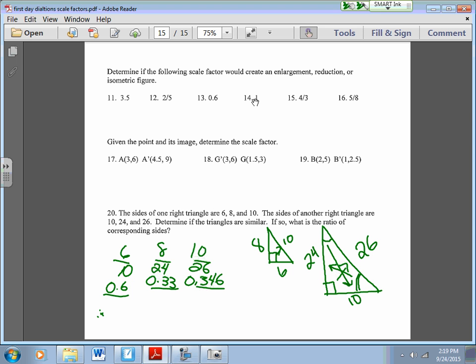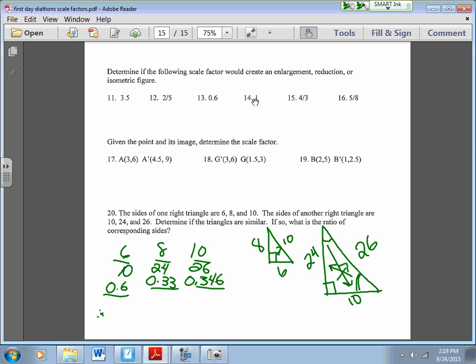One angle and all the sides does not just mean that they're all proportional. You have to actually check that all the sides are the same proportions. Do you understand why 6 and 10 were matched together? Those were the smallest sides of both of them. And 10 and 26, those were the largest sides of both of them.